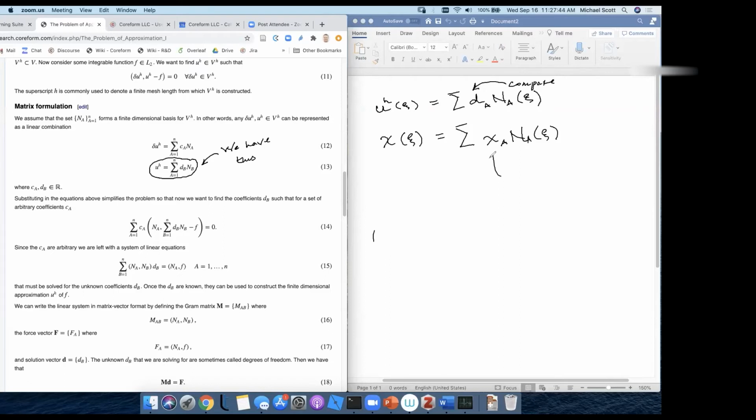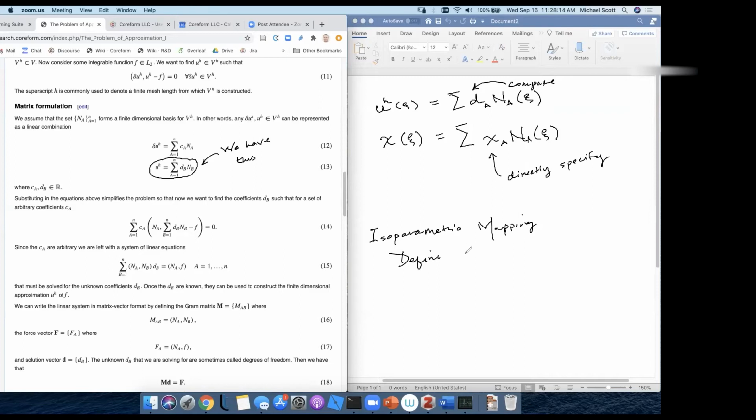Why don't we just directly specify these? Okay, and this approach is called an isoparametric mapping.